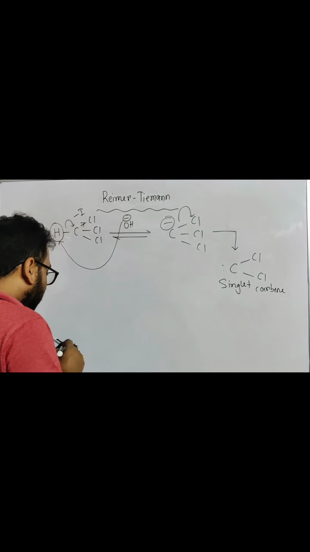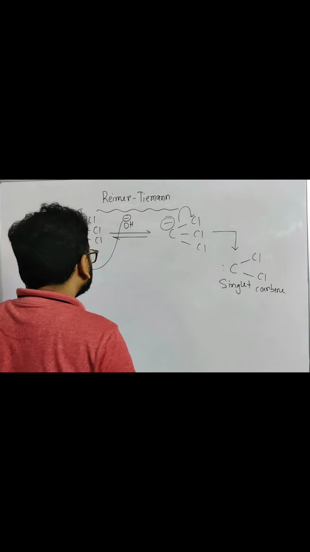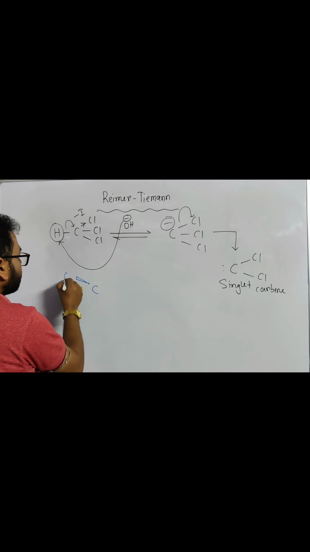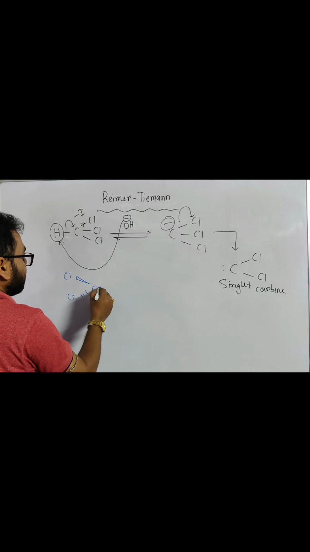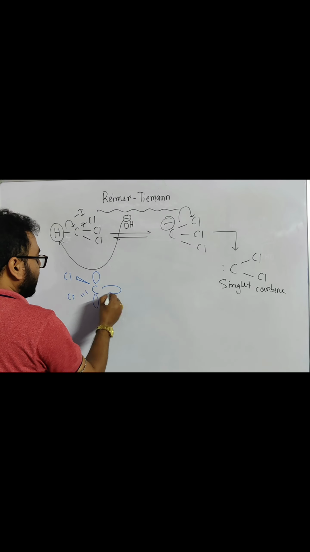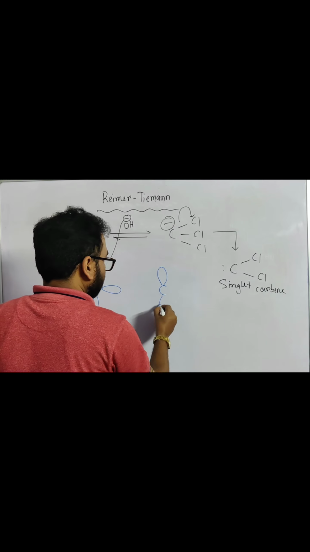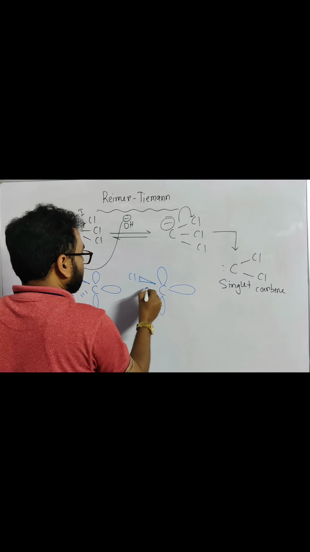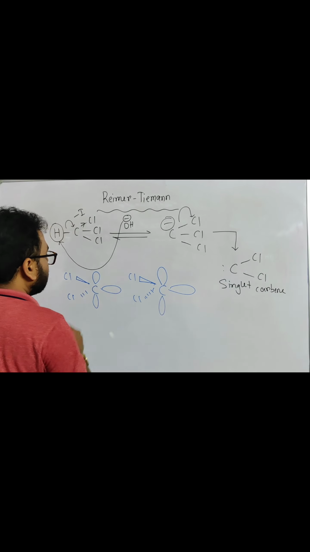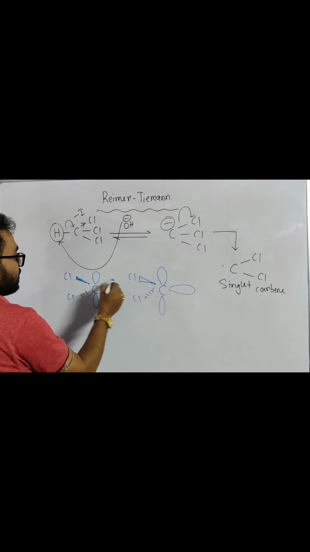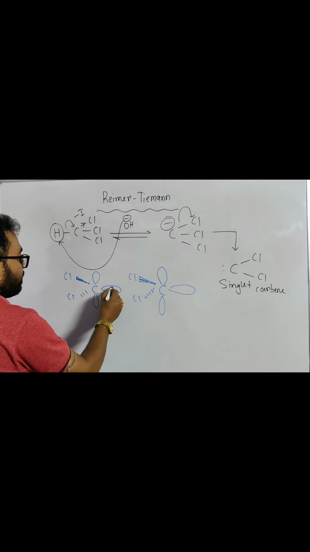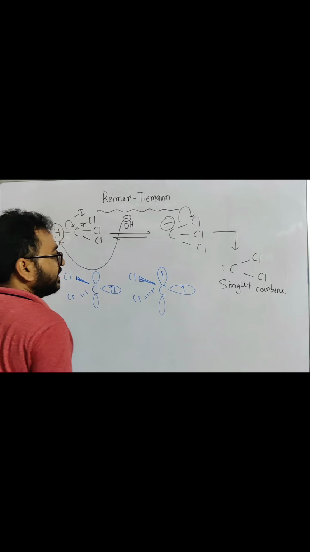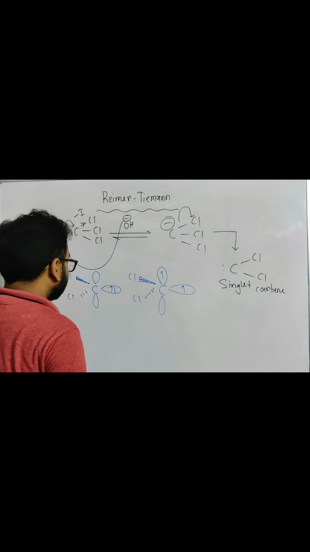Now what is singlet carbene, and what is triplet carbene? There are two types of carbene. If this is wedge and this is dotted, those are the p orbitals. If both the electrons are paired in this fashion, it is singlet, and in this fashion it is triplet.